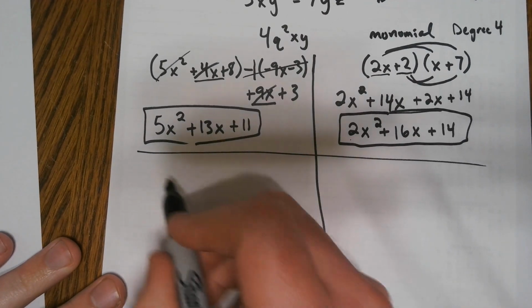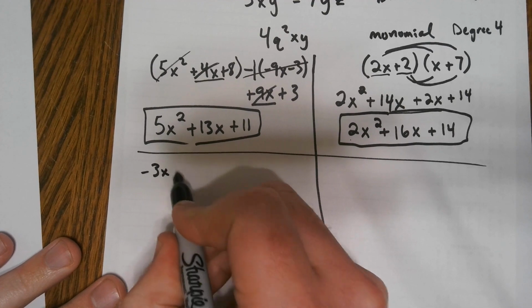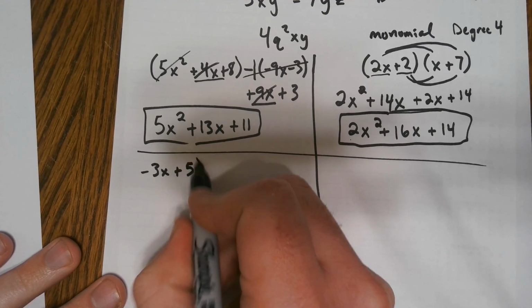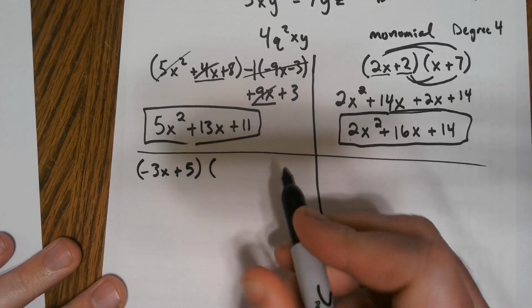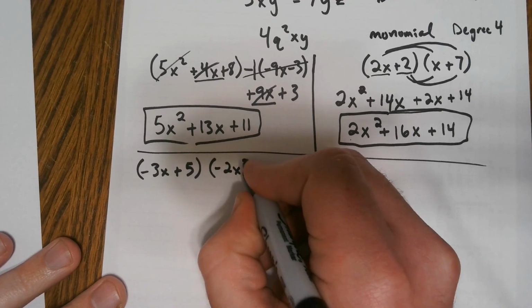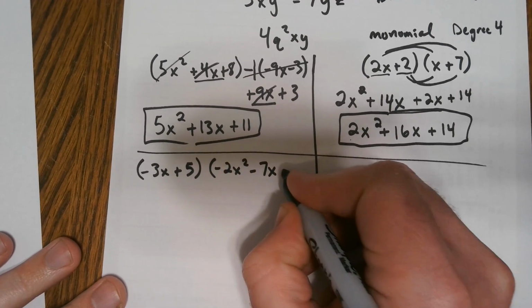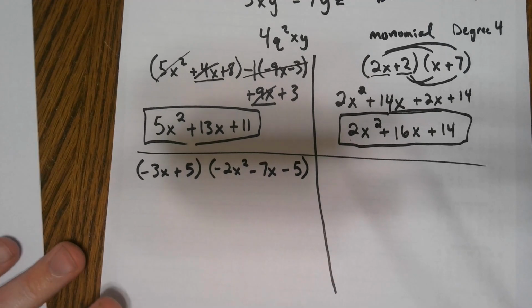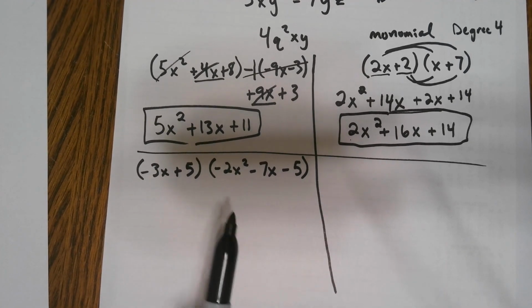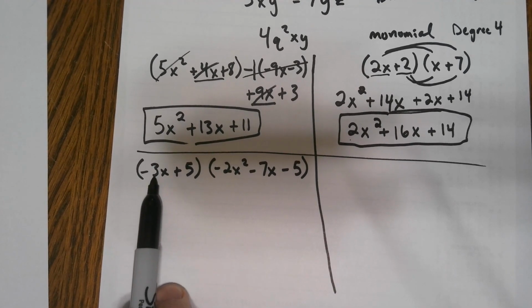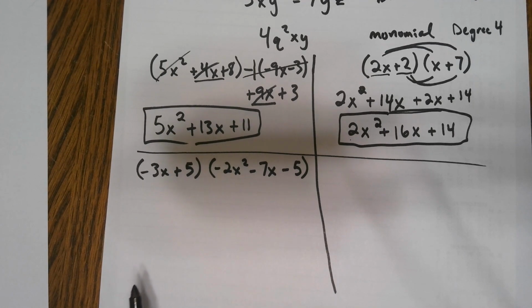Now let's say I have something like this. Negative 3x plus 5 multiplied by negative 2x squared minus 7x minus 5. Now I have a binomial right here and a trinomial out here. I can do this the same way.